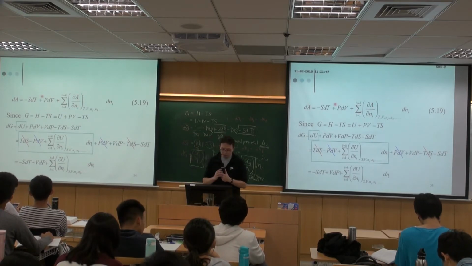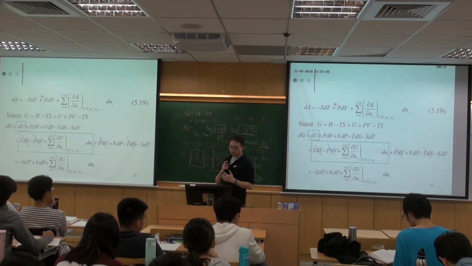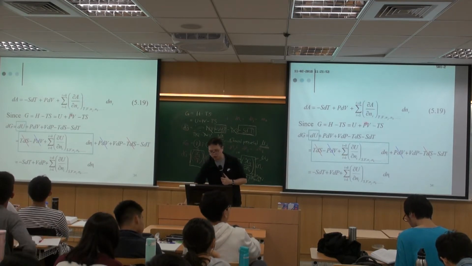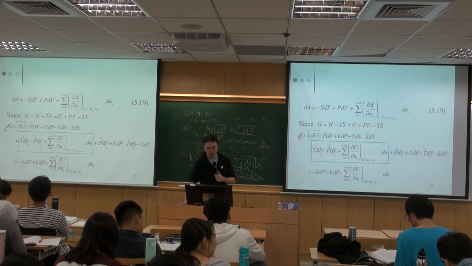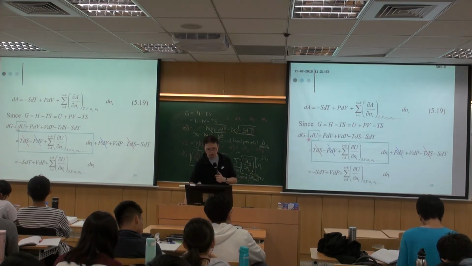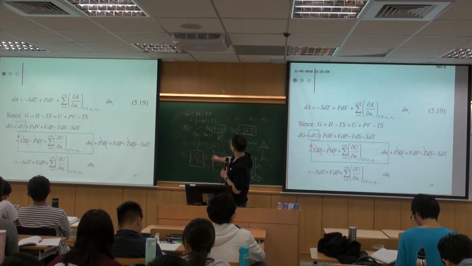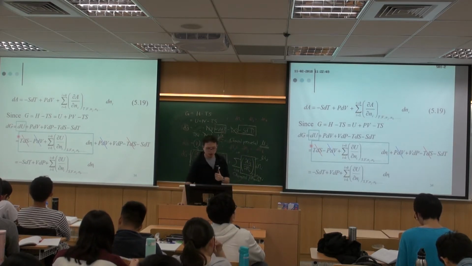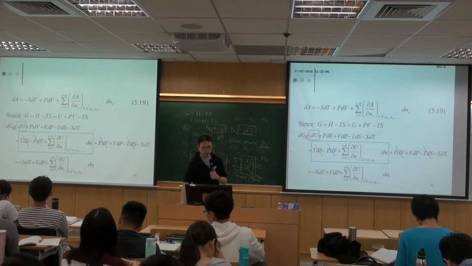And since Gibbs free energy is H minus TS, or U plus PV minus TS, if you do the derivation, again, like what I just went through over here, eventually you will have these terms.